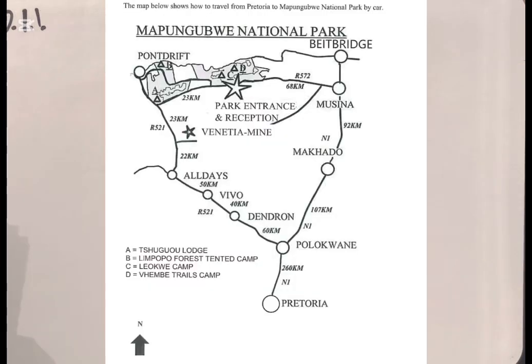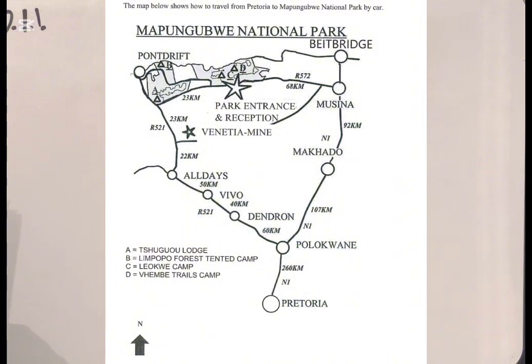The map below shows how to travel from Pretoria to Mapungubwe National Park by car. We have Mapungubwe National Park, represented by this big star, and then we see Pretoria there. We can use N1 up to Messina, then at Messina you turn left using R572. You only drive for 68 kilometers to reach the park.